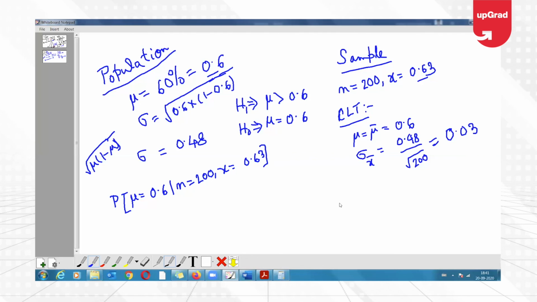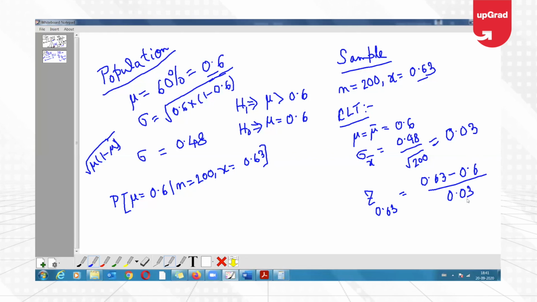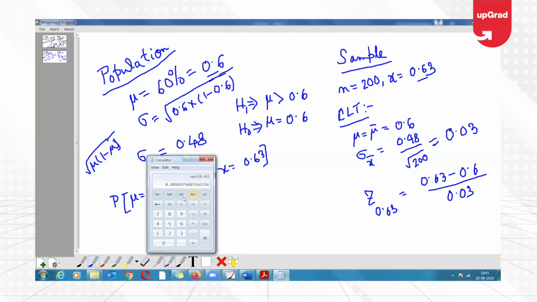So now let's find out the z-score. So z-score of 0.63 is 0.63 minus 0.6 divided by 0.03, which is 1.